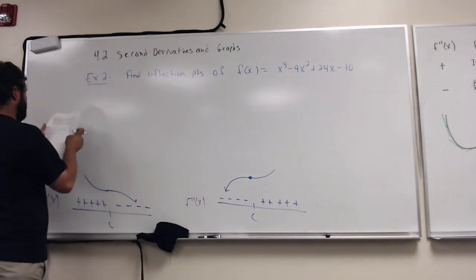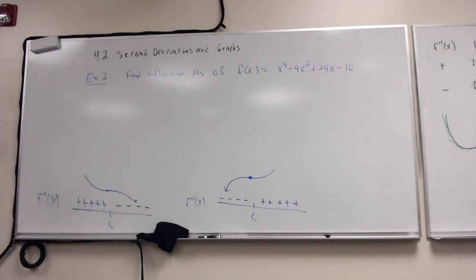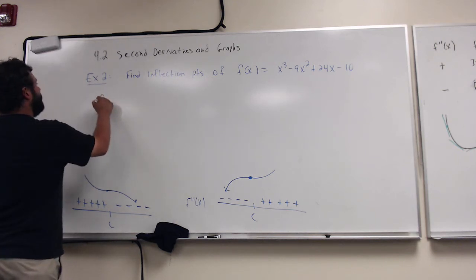All right, if I want to find inflection points, that means I'm really using which derivative? You use the second. The first derivative is for increasing and decreasing and where the local max and mins are. The second derivative is for concavity and where the inflection points are. So we're going to need a couple derivatives.